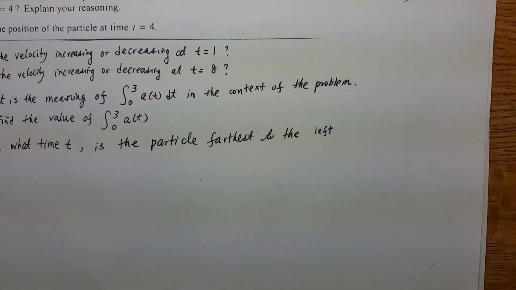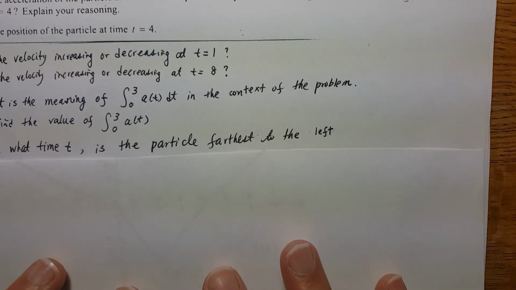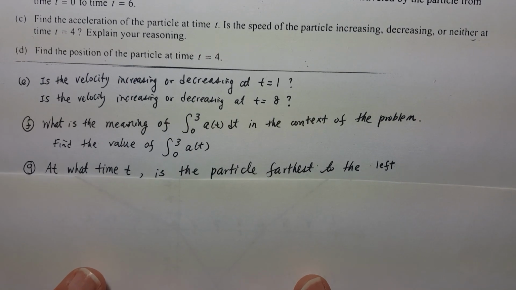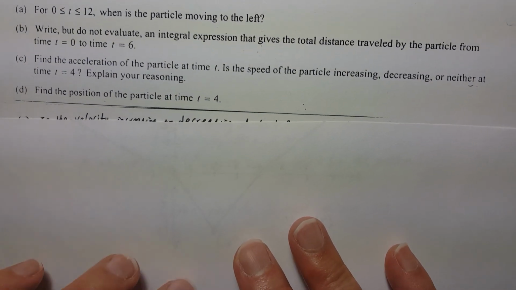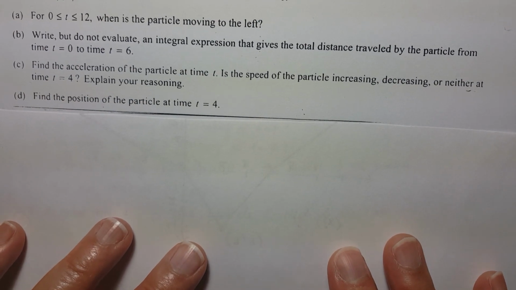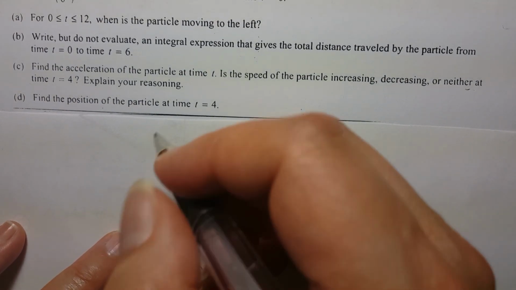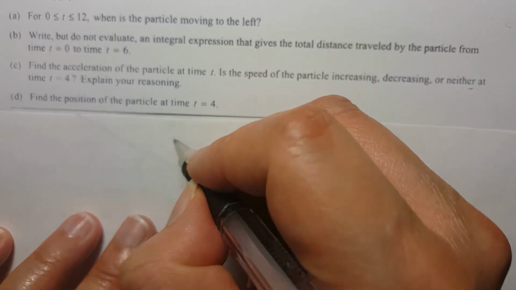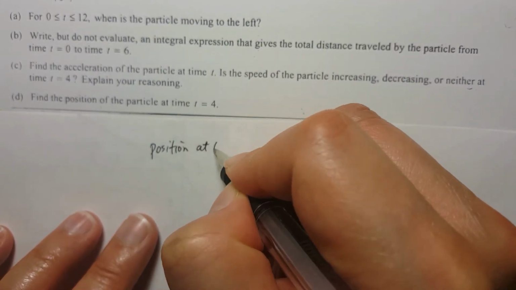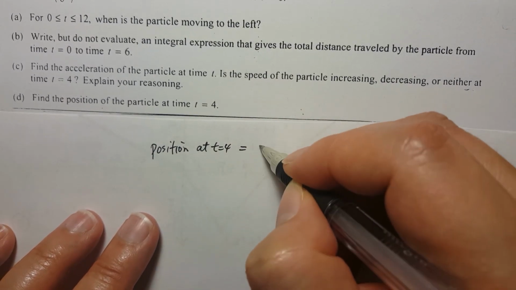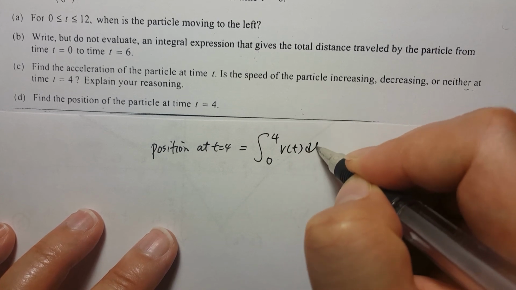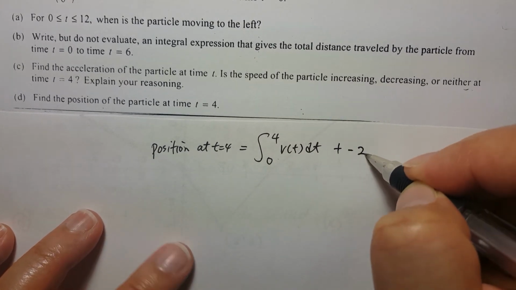Part D. The question says to find the position of the particle at t equal to 4. So now position at t equal to 4 equals the displacement, the integral from 0 to 4 of v of t dt, plus the initial position.